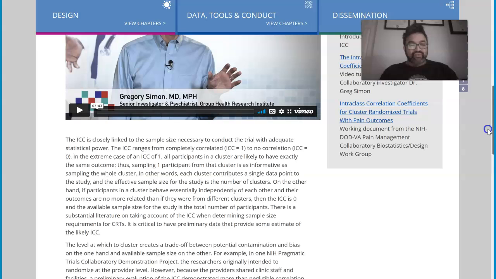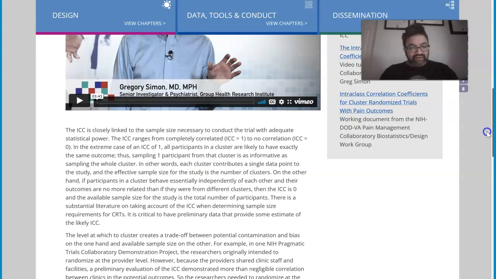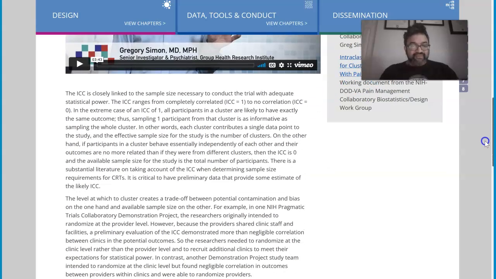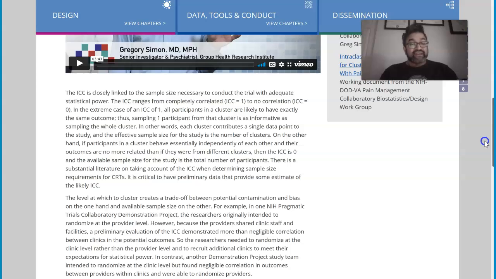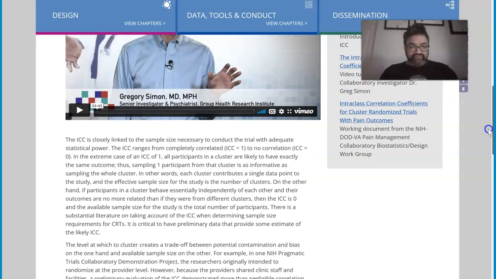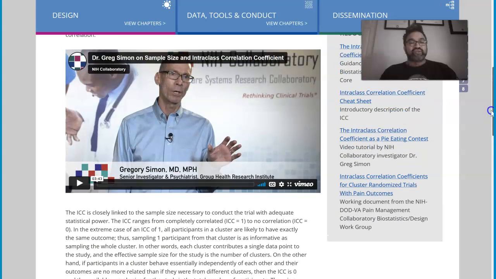And so with these trials, that can actually determine the sample size needed. So that is the importance of the ICC number. How closely correlated are they to each other?